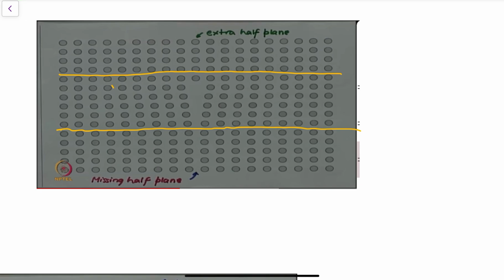So what you can find is that there is a missing half plane here only. The top portion doesn't have an extra half plane, and the bottom half does not seem to have a missing half plane. You can find a defect only near this.